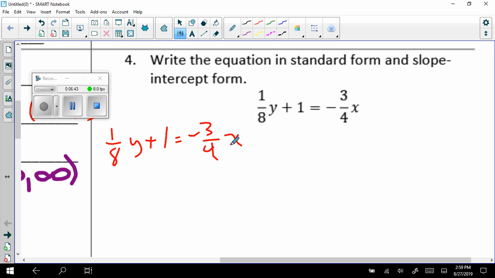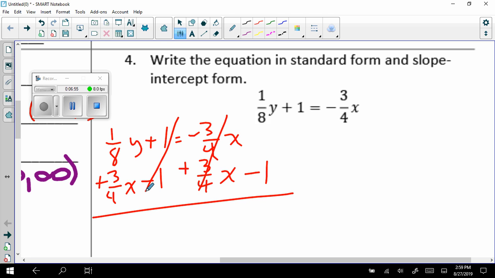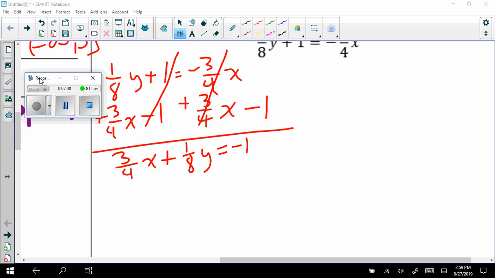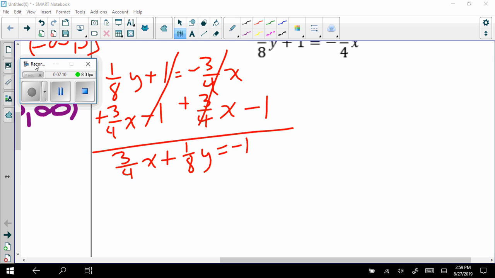I'm going to start by adding the 3/4 x to both sides, just to get the x and y together. At the same time, I'm going to subtract 1 to get the constant on the other side. These aren't like terms, so I'm just going to write them. 3/4 x plus 1/8 y equals -1. So all I did so far was get x and y on one side, constants on the other.